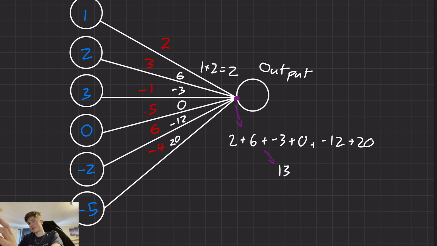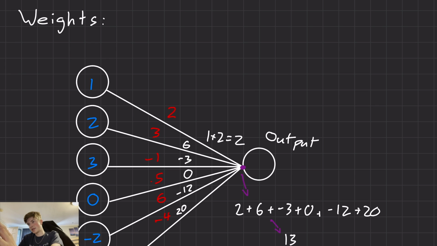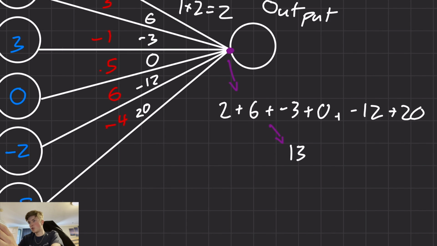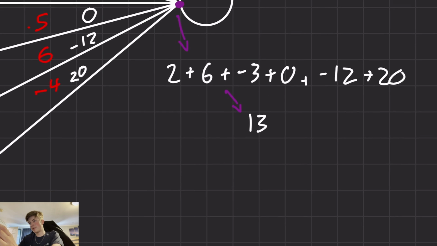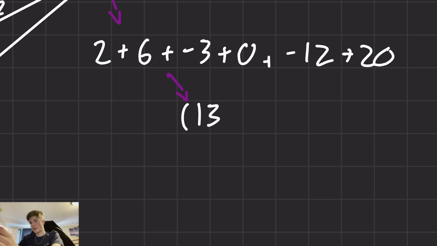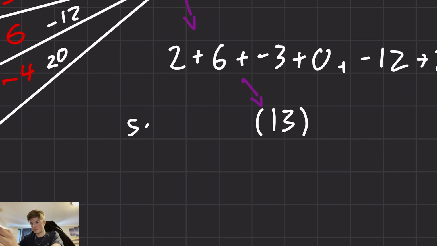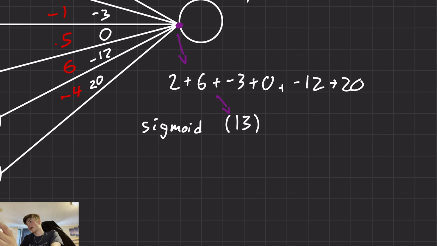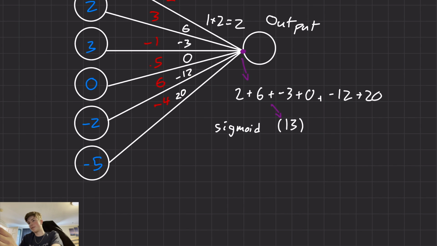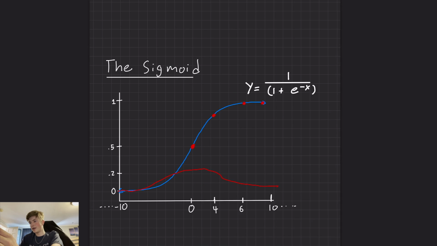And I believe this output will be 13. So this output is going to be 13. So if we imagine that our activation is happening right here before we get our output, what we've done is just added everything from these weights together.